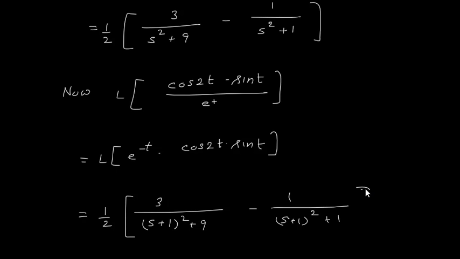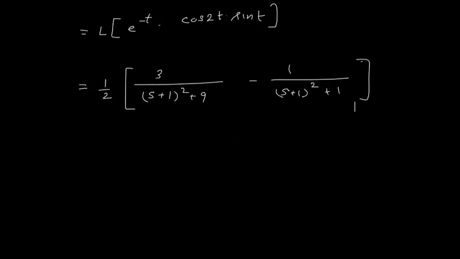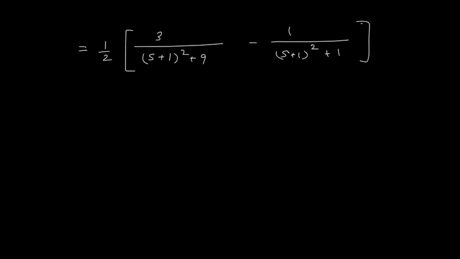Now let us simplify this. This is equal to 1 by 2. Now you can open the denominator. I will do both things simultaneously, cross multiply and open the denominator. So s plus 1 the whole square plus 1, we get s square plus 2s plus 1 and this 1 plus 1 gives 2.